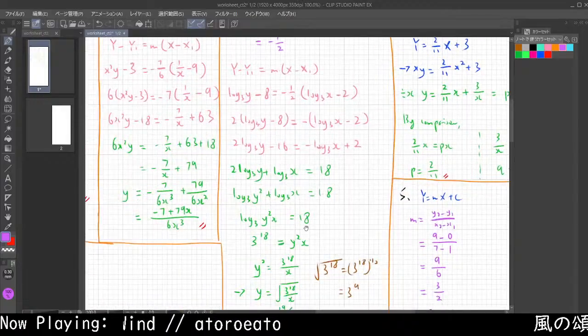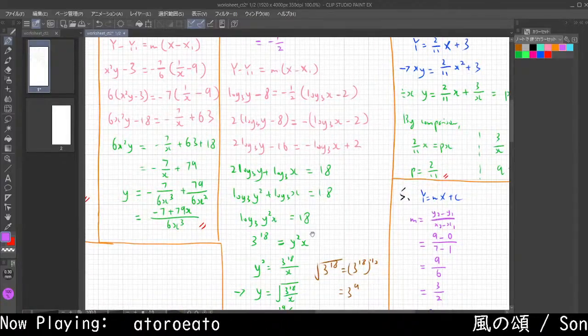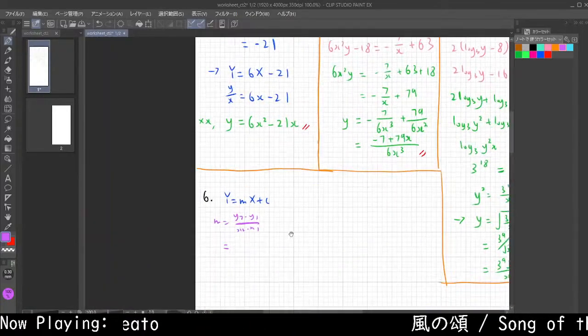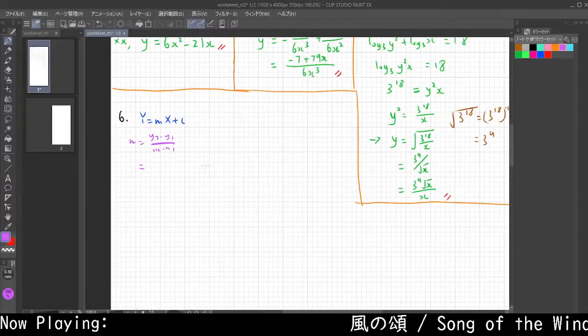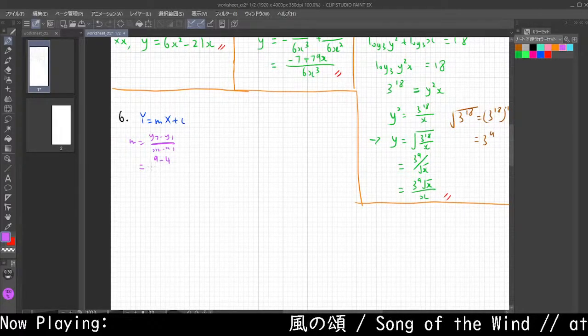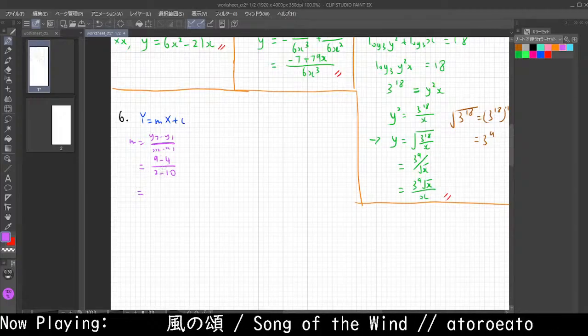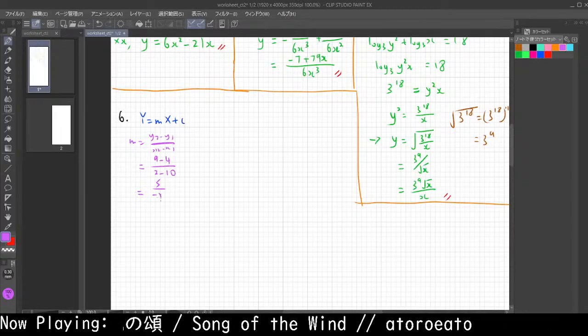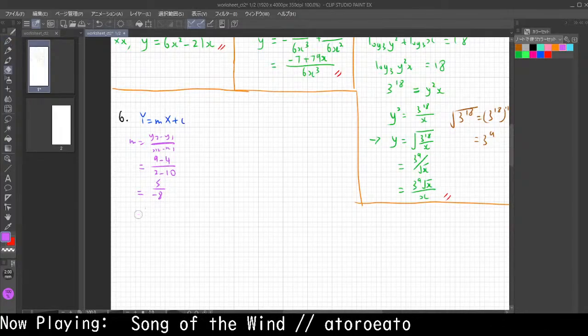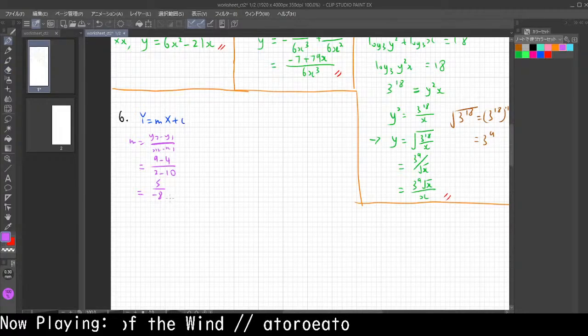The pink is not too hot with the green. Anyway, y minus y, x minus x. So you get 5 over negative 8. Yeah. So this is your m.